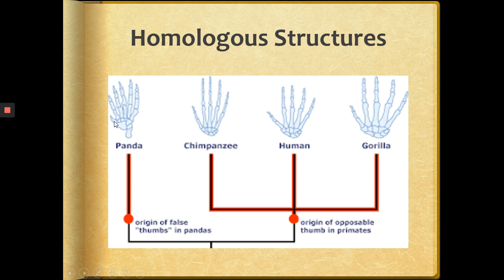The panda doesn't have control of this thumb. It's similar to the dew claw on your dog, that little claw up on his forearm that helps him grasp objects. Not an example of homologous structures. These 3 are. This does support the theory of evolution.